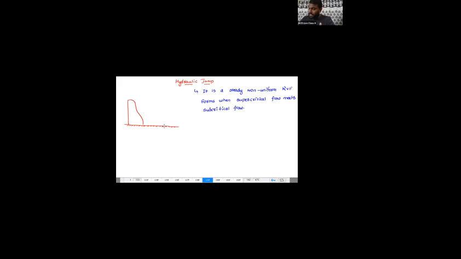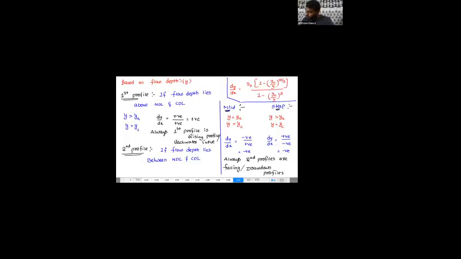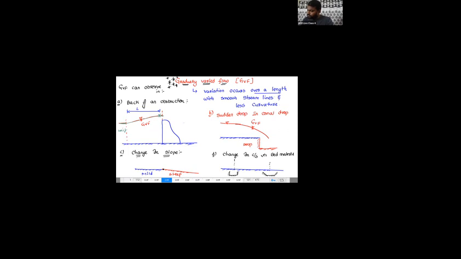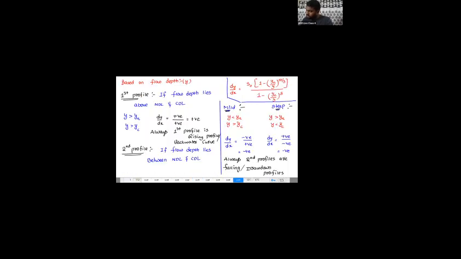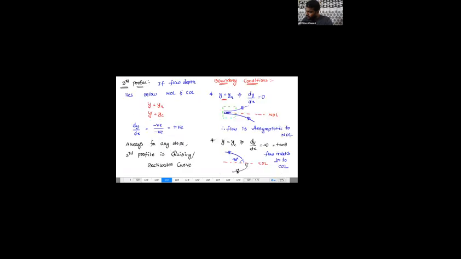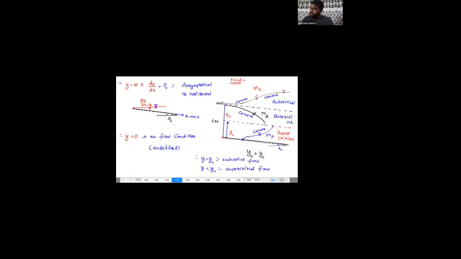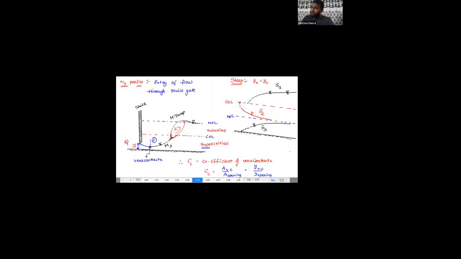Mild slopes. Because if you go back here, I'm showing you. You see here in the M3 profile, so this is a mild slope, right?